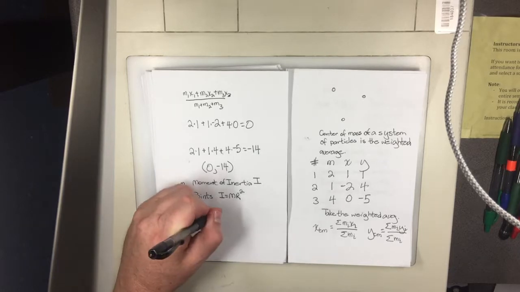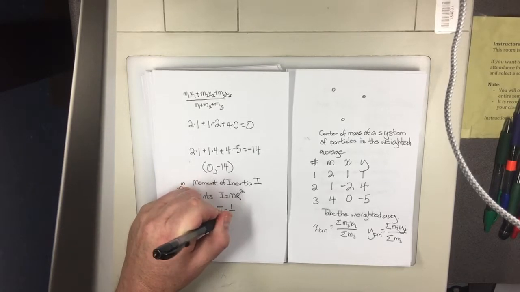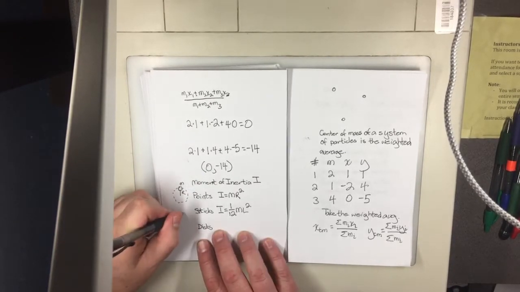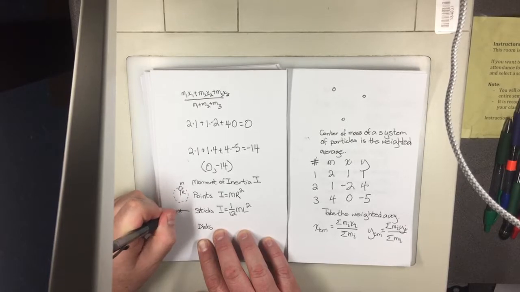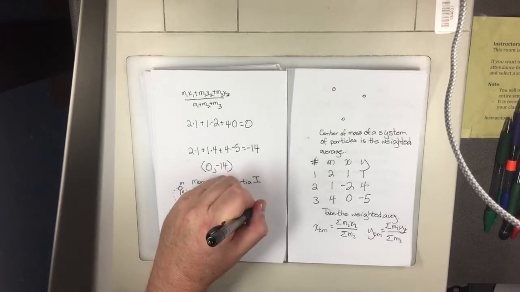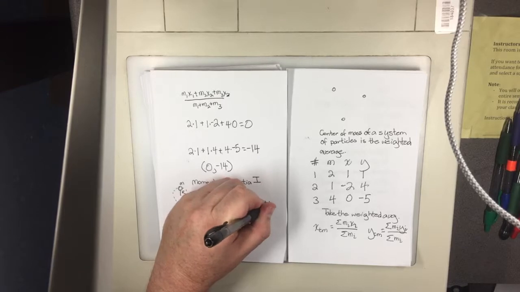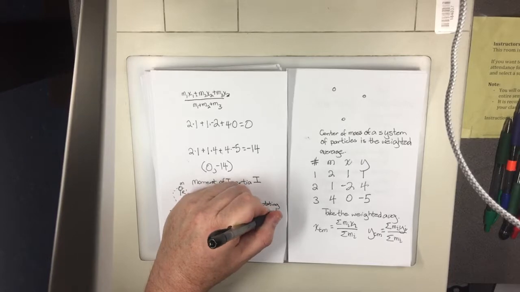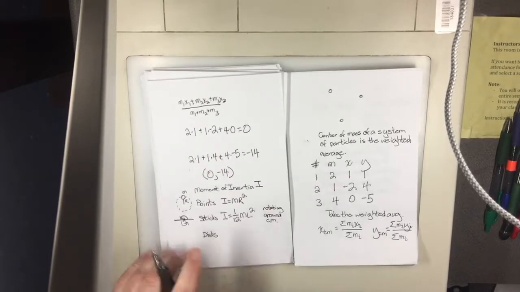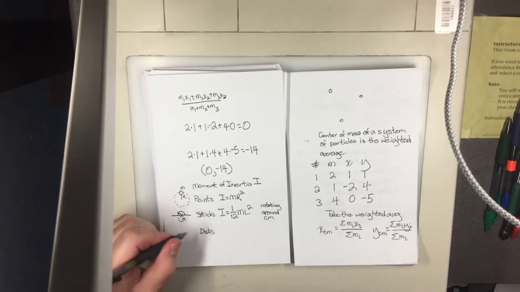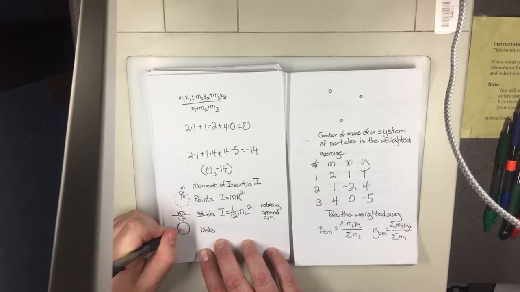For sticks, I is 1/12 ml squared. Now, for this particular equation, it's a stick rotating about its center of mass. For the disc, it's also rotating around its center of mass.